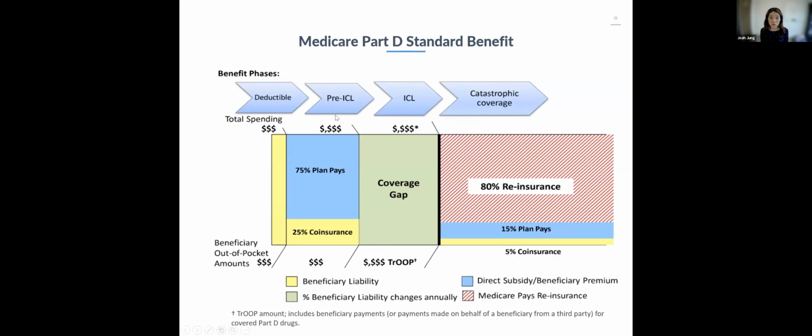In the middle, the Part D benefit begins with a deductible, and then there is the ICL coverage gap, and in between we call this pre-ICL benefit coverage. Once you pass through the coverage gap, you hit catastrophic coverage. The benefit phase variable follows these names, which you will see.